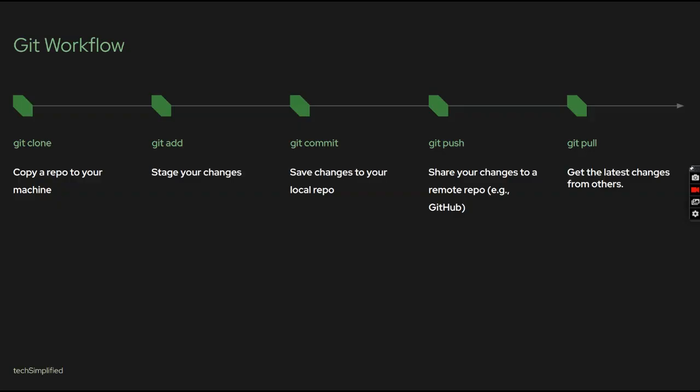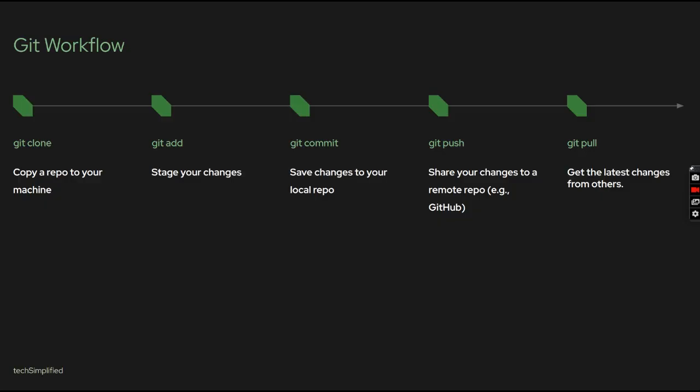Once you have edited and are satisfied, you have to use git add. With git add, you stage the files that you want to include in your next commit. As we discussed in the previous video, there is a staging area where you decide which changes you want to add to the code base. So this is where git add comes in handy.